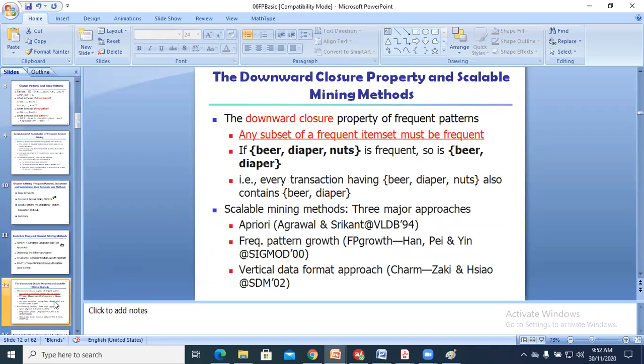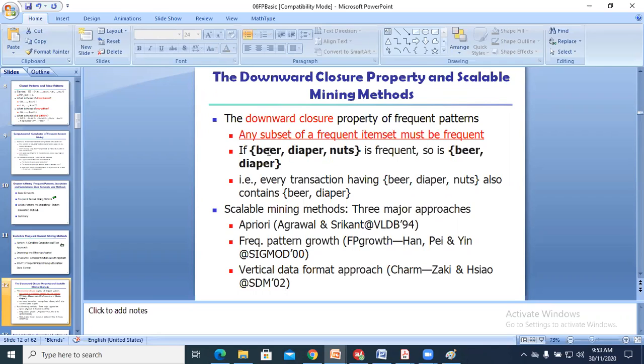So first we study the downward closure property and scalable mining methods. What is the downward closure property? The downward closure property is that any subset of a frequent item set must be frequent.